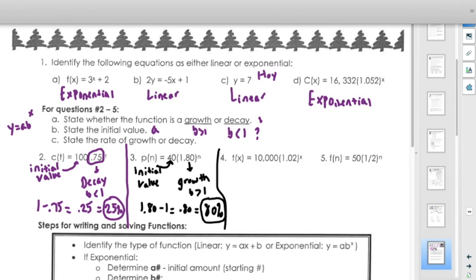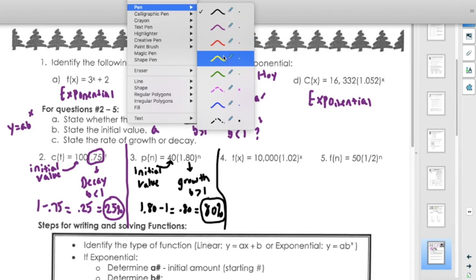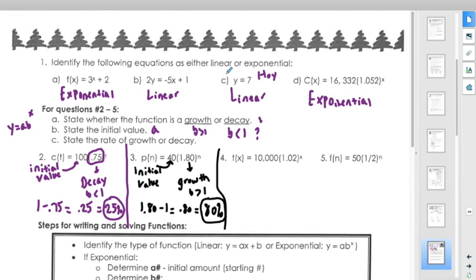Okay, number 4. Let's use green. T of x equals 10,000 times 1.02^x. All right, well, 10,000 is my initial value. This 1.02, is this growth or decay? This is growth because b is greater than 1.